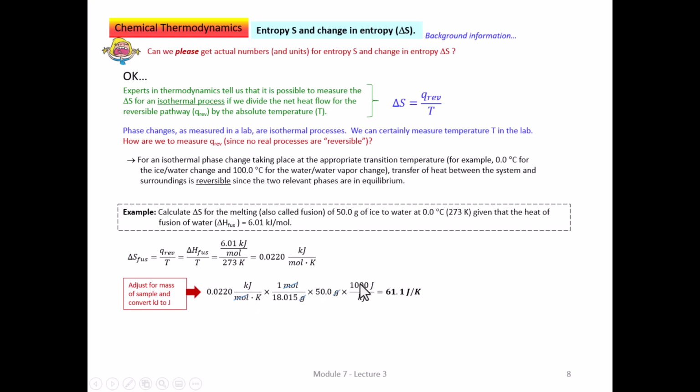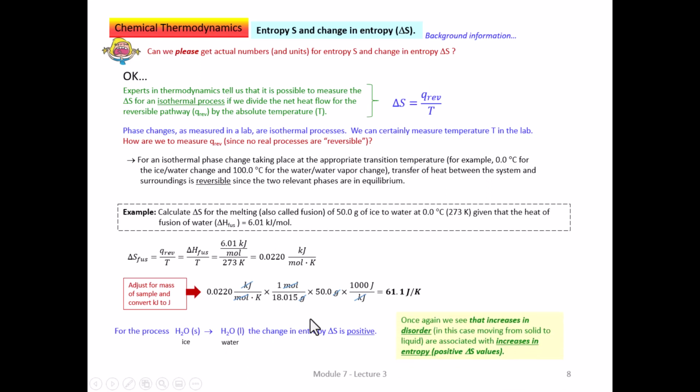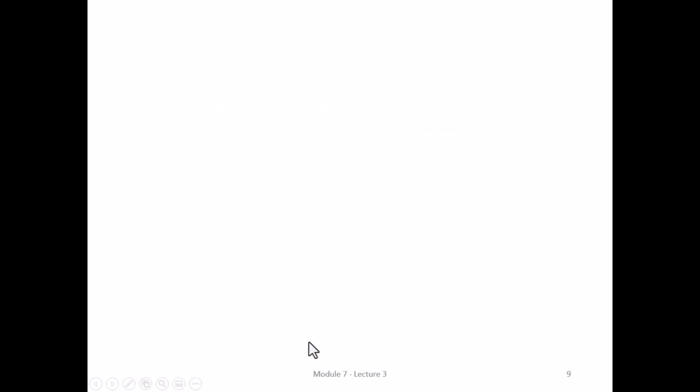Then we convert kilojoules to joules, and we get a result of 61.1 joules per K. So for the process of ice melting to water at a constant temperature of 0 degrees, the change in entropy, delta S, is positive. That makes sense because you're going from an ordered solid to a disordered water state. So we have an increase in entropy. Delta S is positive.